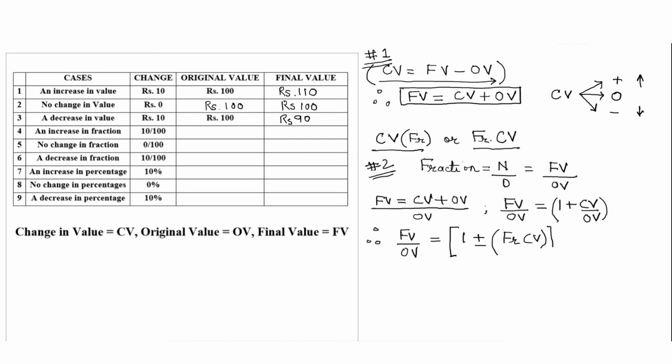Now when we are referring to the fractional change, what we intend to convey here is that 1 plus if there has been an increase, or 1 minus if there has been a decrease. You have to be judicious enough to apply it accordingly. So this becomes your formula. Please make a note of this.